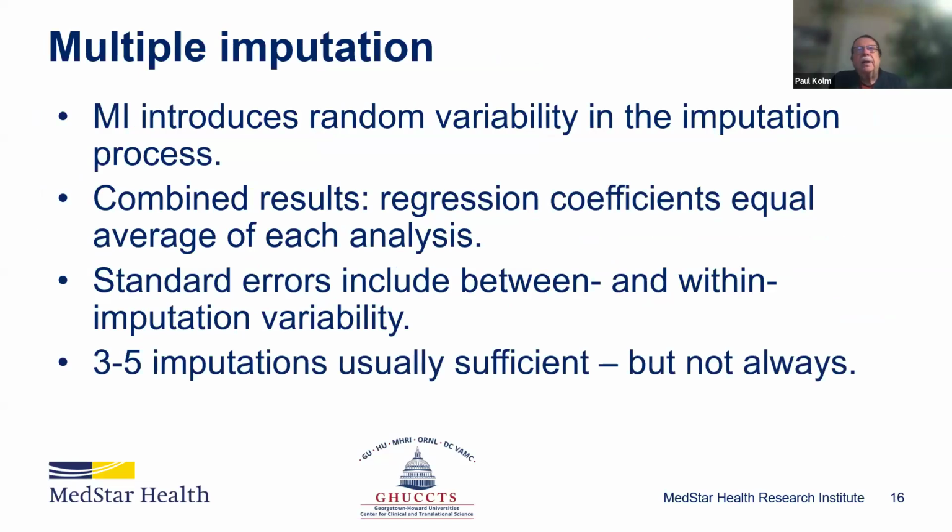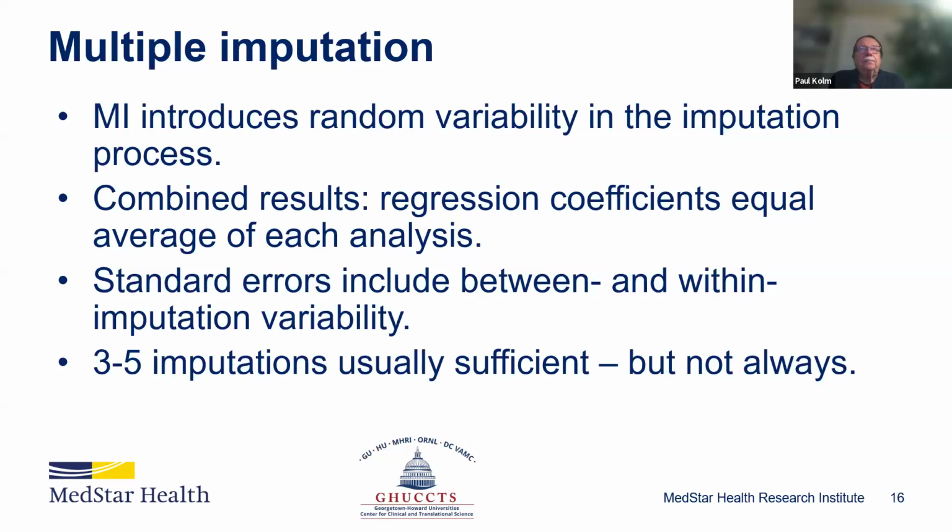Each data set that you generate is going to be different to some degree, maybe a lot different, or maybe not so much different than the one previous to that. And as I mentioned, the number of imputations might vary from a relatively small number to a large number.